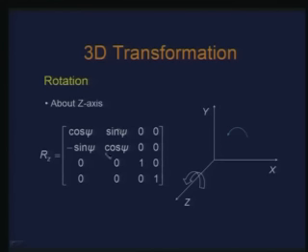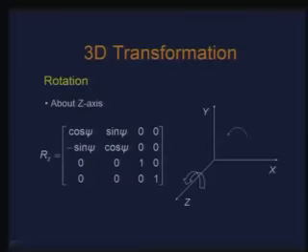So, I get rotation about the z axis. If I were to do the rotation in 2D, then I just reduce this matrix by cutting down this row for z and this column. So, basically I get a 3 by 3 matrix.